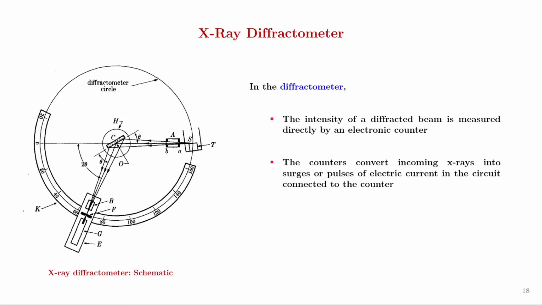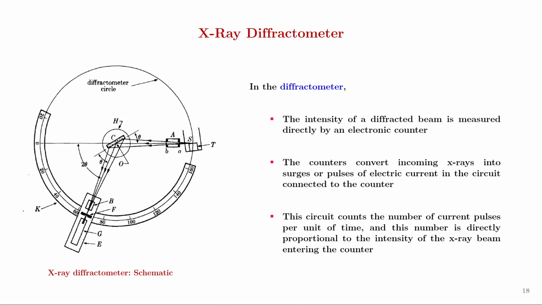The counters convert incoming X-rays into surges or pulses of electric current in the circuit connected to the counter. This circuit counts the number of current pulses per unit of time, and this number is directly proportional to the intensity of the X-ray beam entering the counter.